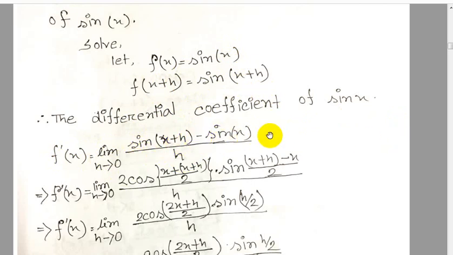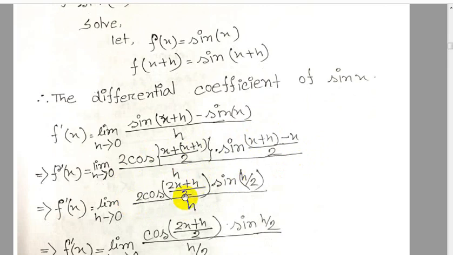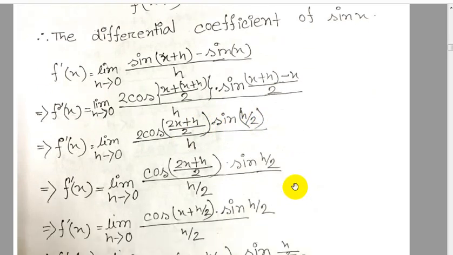We can apply the sine c minus sine d formula here, and sine c minus sine d is 2 cos of c plus d divided by 2 into sine of c minus d divided by 2. By evaluating this, we have 2 cos of (2x plus h) divided by 2 into sine of h by 2.